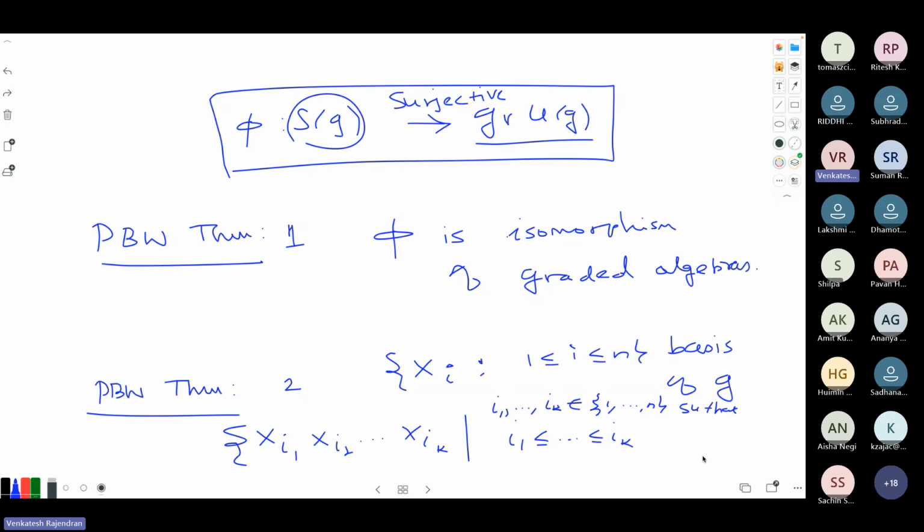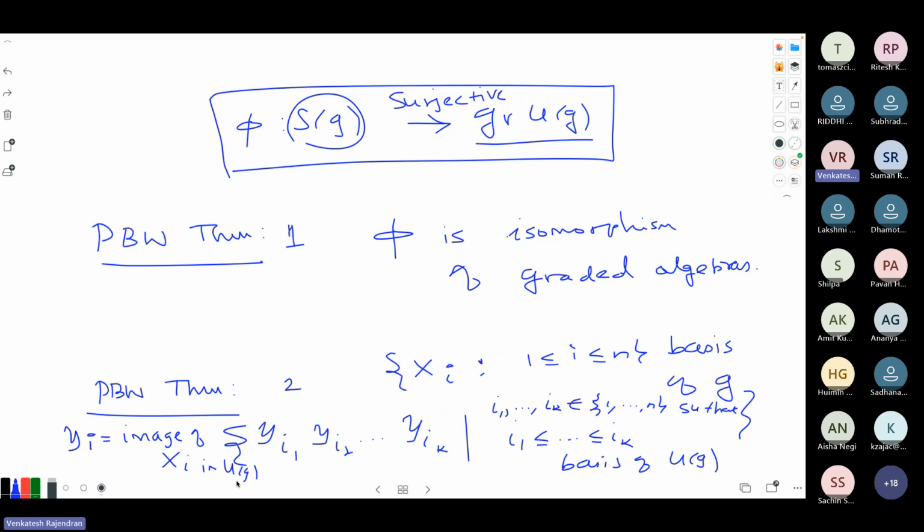I'm just writing in one line notation, so let's use a different notation to be clear. Let's write it as y1, y2, etc., yk. This is indeed a basis of UG. What is yi? Yi is the image of capital Xi inside UG.